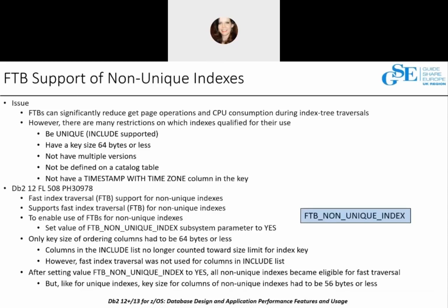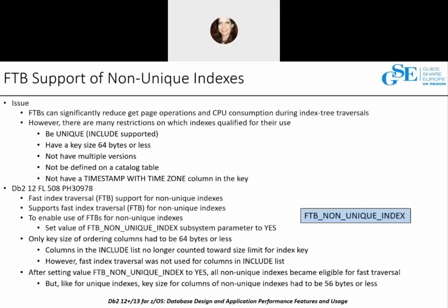Now, fast traverse block really is kind of like index look-aside, but it benefits more your random processes versus your skip sequential processes versus the sequential processes that fully took advantage of index look-aside. Fast traverse block helps benefit more random or skip sequential processes for indexes.